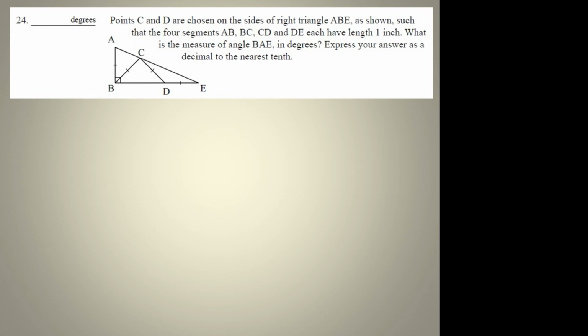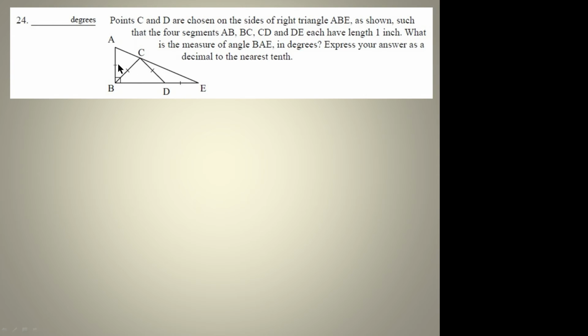Okay, look at number 24. Points C and D are chosen on the sides of right triangle ABE, and this is a 90-degree angle, right angle, as shown, such that the four segments AB, BC, CD, DE each have length 1.